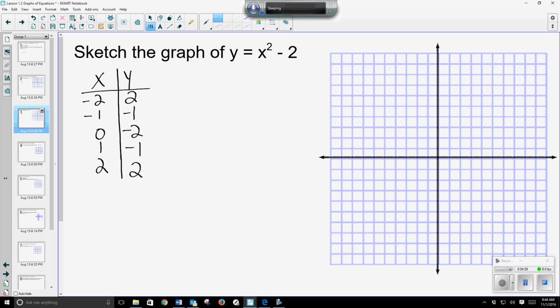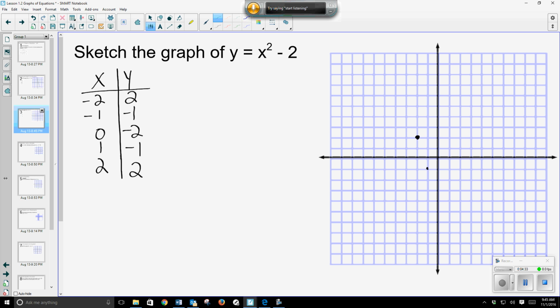Do you see a vertex in those points? Look at those points. Do you see a vertex? You know this is the graph of a parabola, right? See a vertex? Do you see symmetry? Okay. Graph those points. Negative 2, 2.